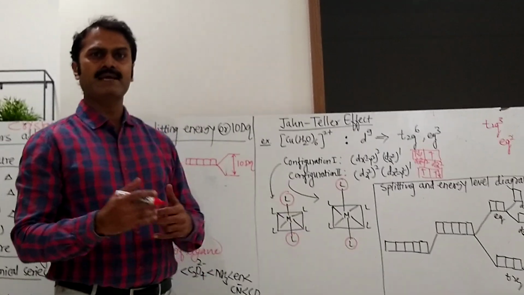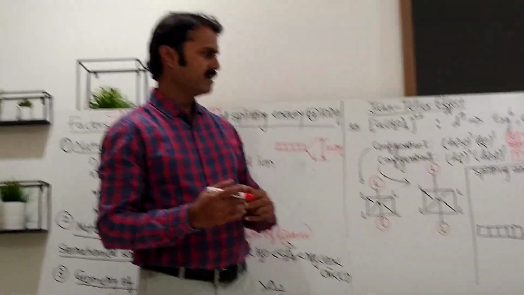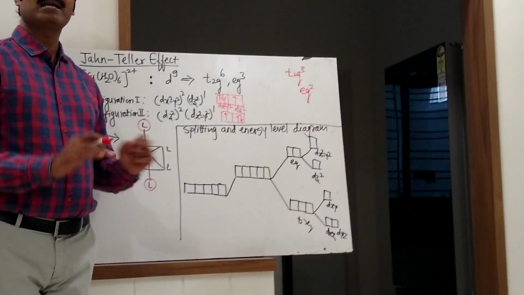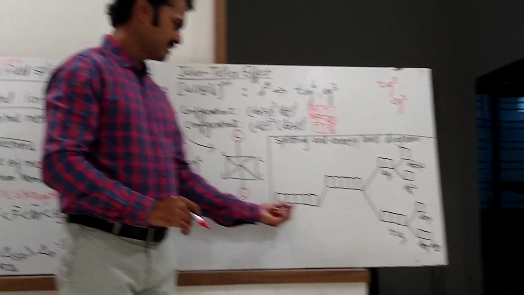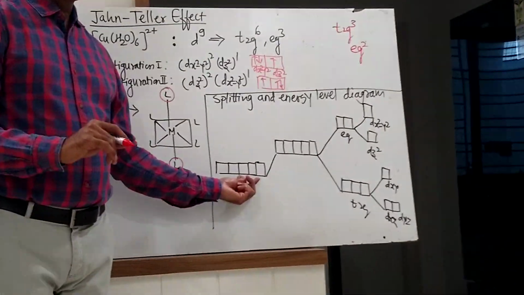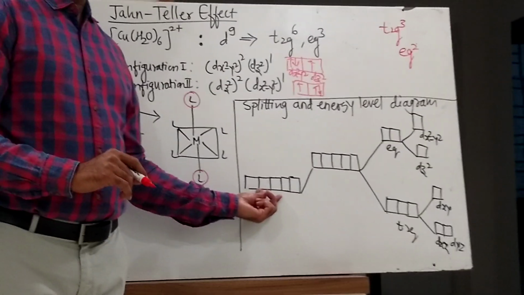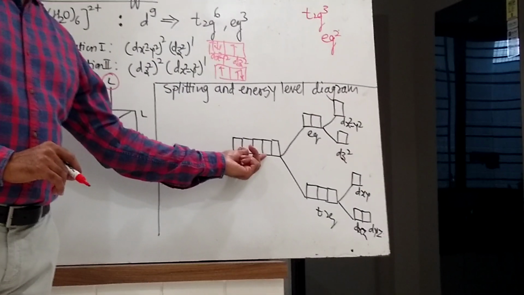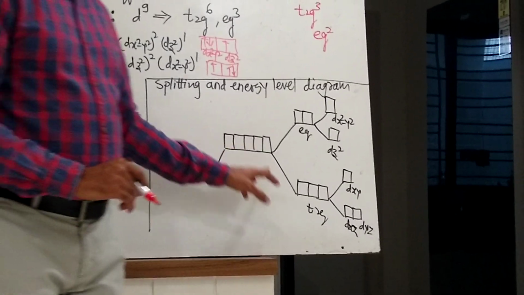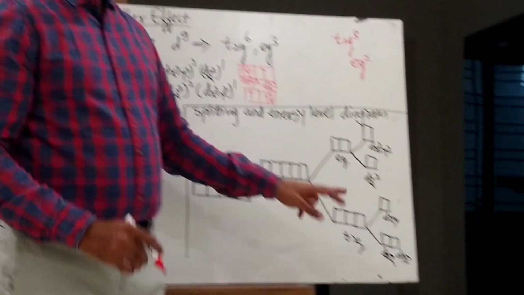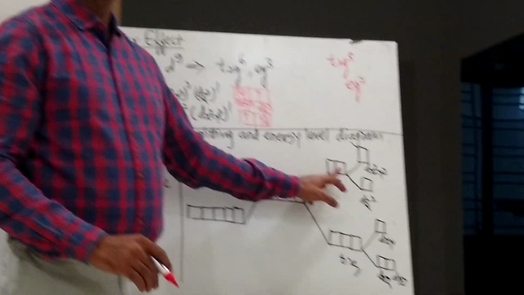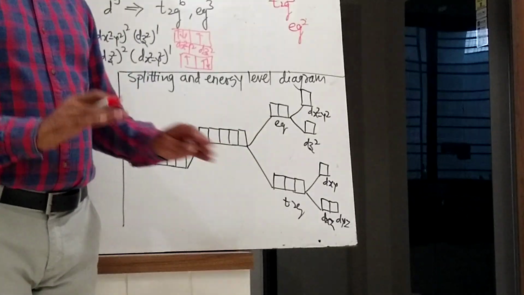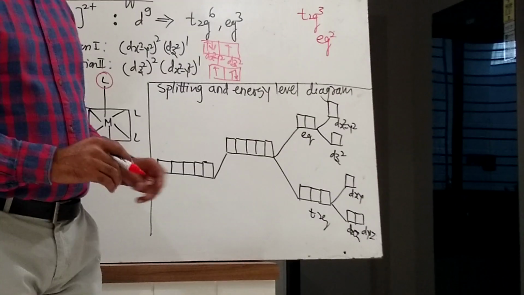The same observed fact can be explained with the help of the splitting and energy level diagram. Let us consider these are the 5 d orbitals in the absence of ligand. In the presence of ligand, first the energy of these d orbitals increases, and later on they divide into two parts. This phenomenon is known as splitting of d orbitals.